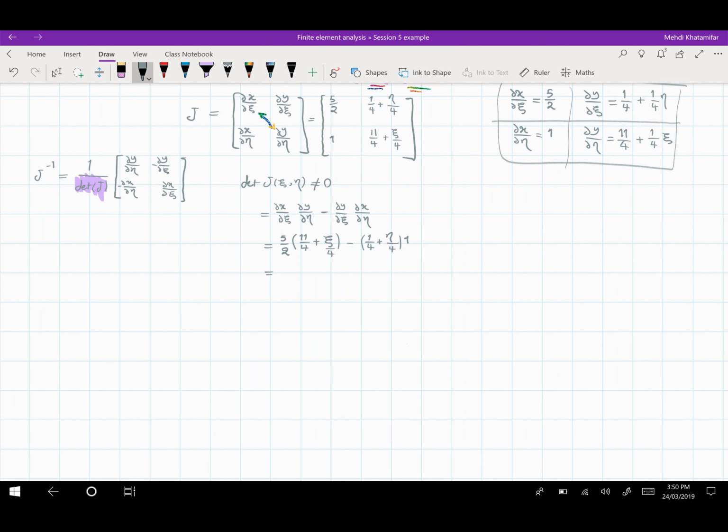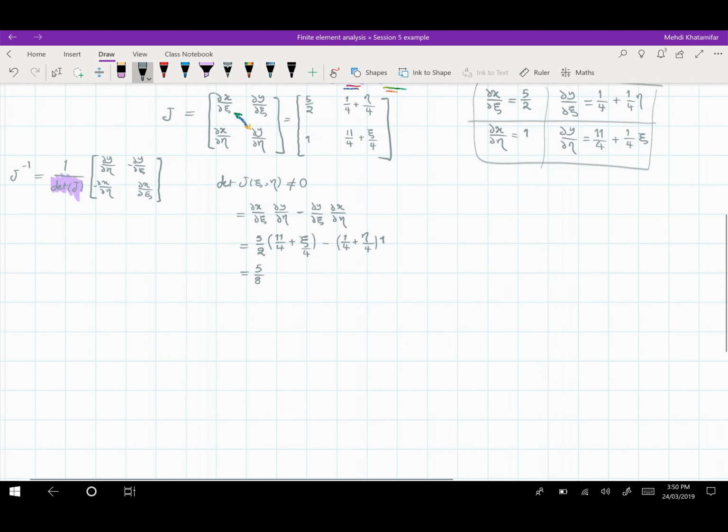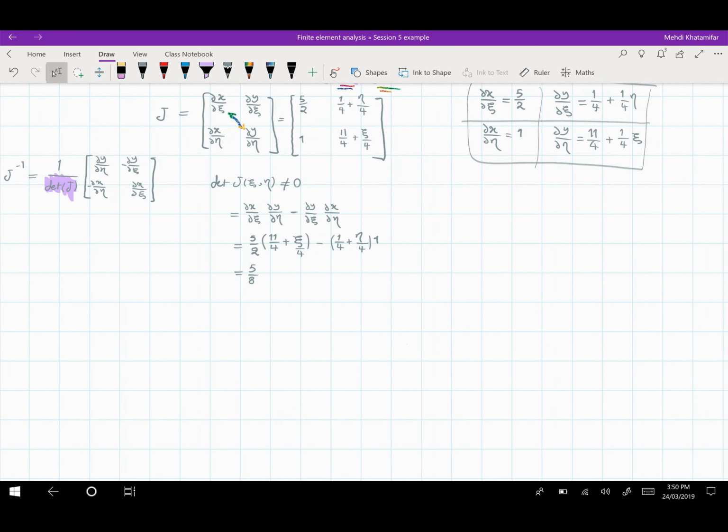And if we simplify this formula, it is going to be 5/8 psi minus 1/4 eta plus 53/8. Okay, now we have the determinant.